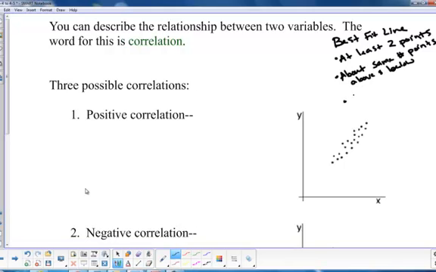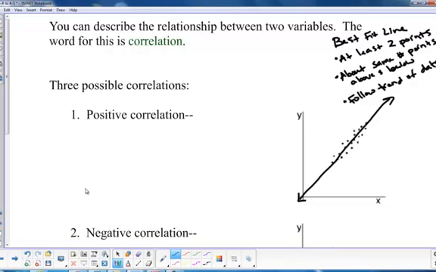And it has to follow the trend of the data. So you want these points as close as possible to the best fit line. This is supposed to be straight here.